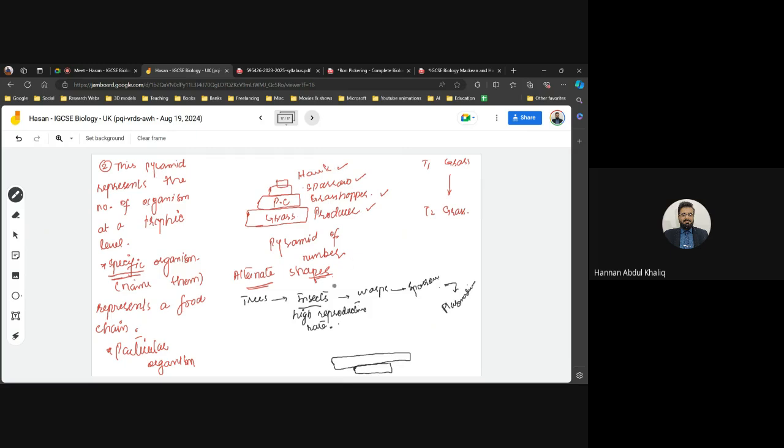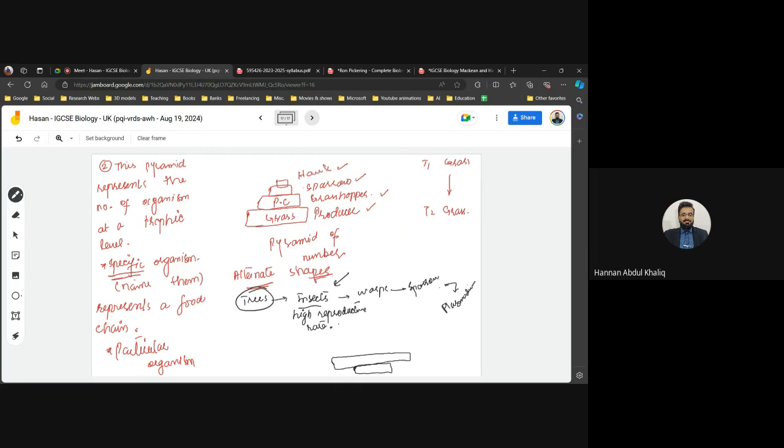We are specifying them. We are not considering anything other than trees. You notice, if we would have said producers, it means we are considering all the producers. It would be impossible to say that all the producers are less than insects.